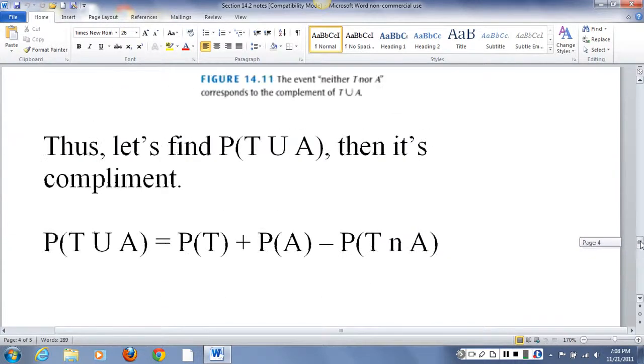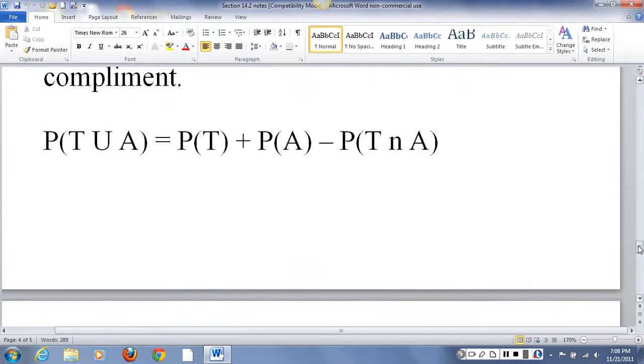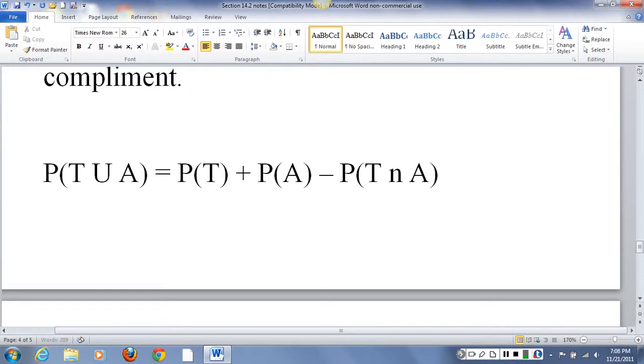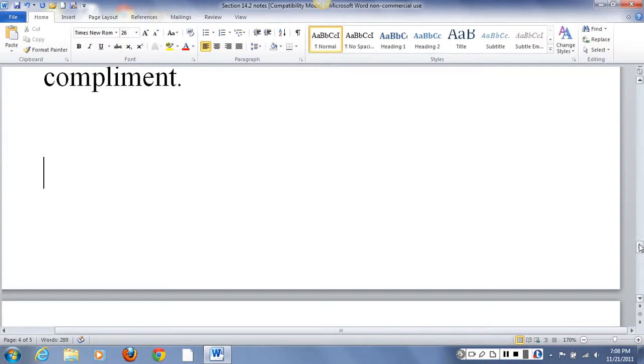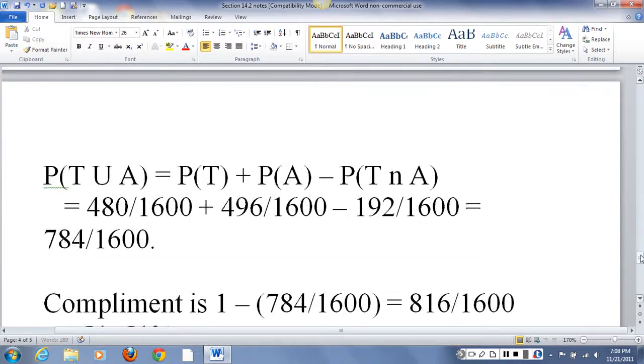And that gives me, let me bring this down so you can compare better. There we go. So the probability of T is 480 over 1600. Probability of A is 496 over 1600, and their intersection is 192 over 1600. And when I subtract, I get 784 over 1600.